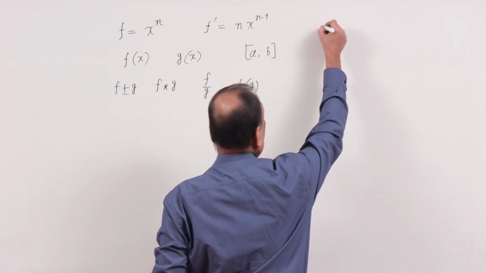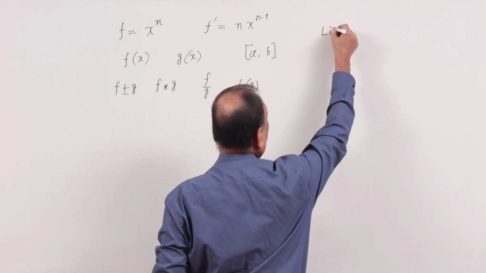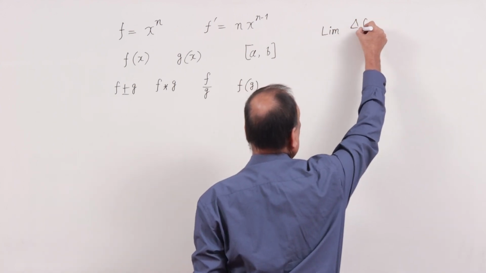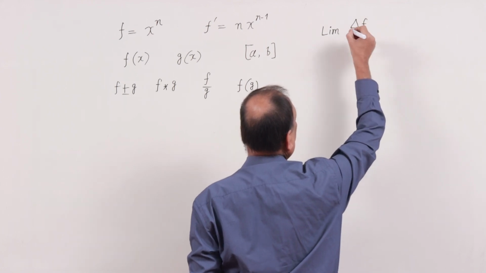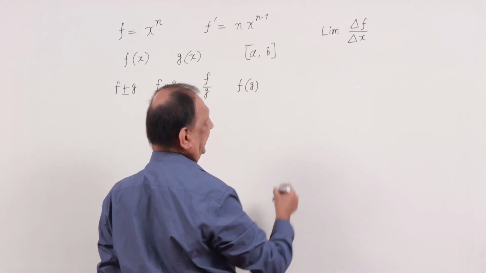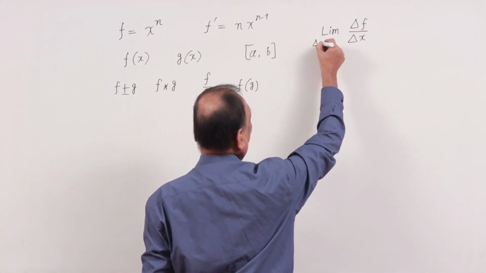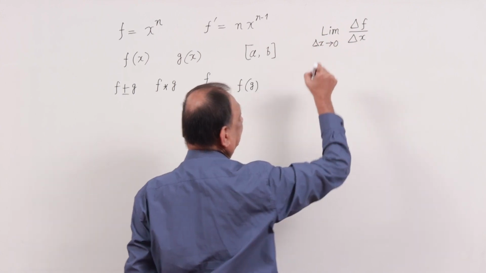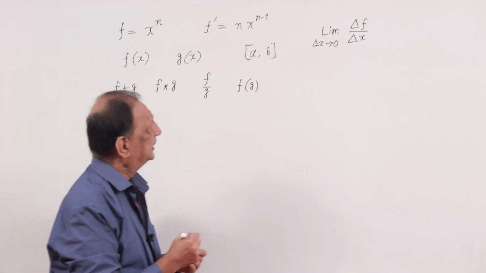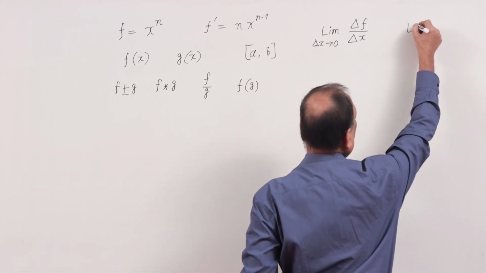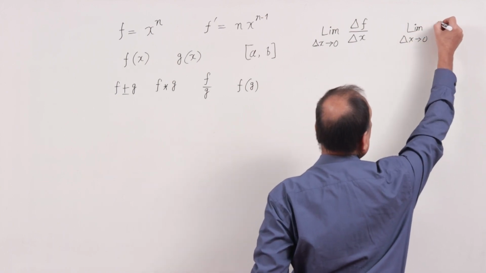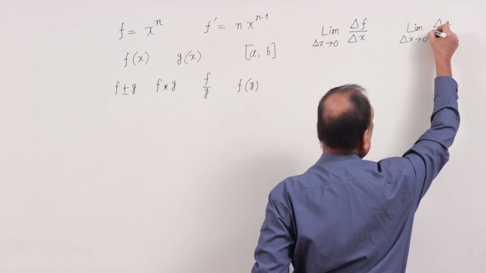For example, we have a limit of delta f, that means a small incremental change in f corresponding to a small incremental change in x, delta f by delta x, as delta x is made to tend to 0. This limit exists because they have said it is differentiable, and that is f prime at that value. Similarly, we have one more limit which exists, limit delta x tending to 0 of delta g by delta x.